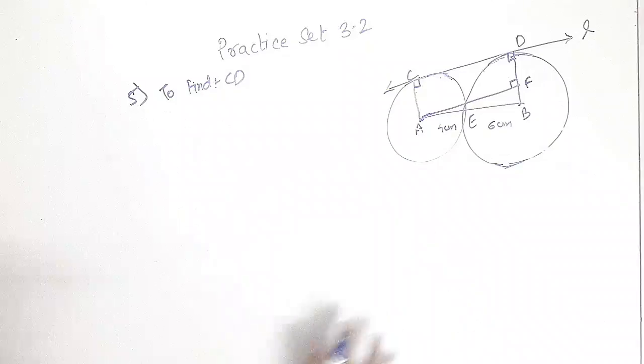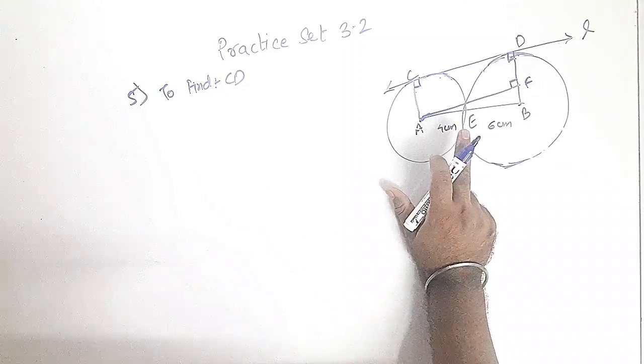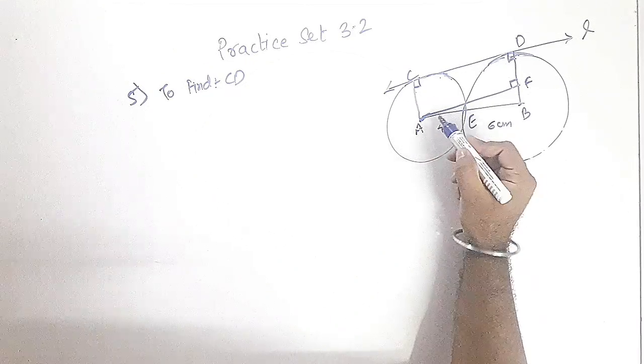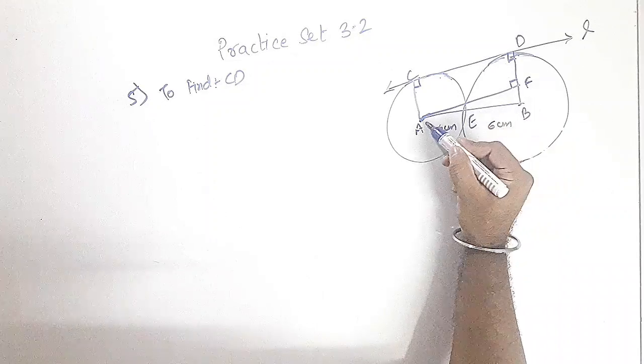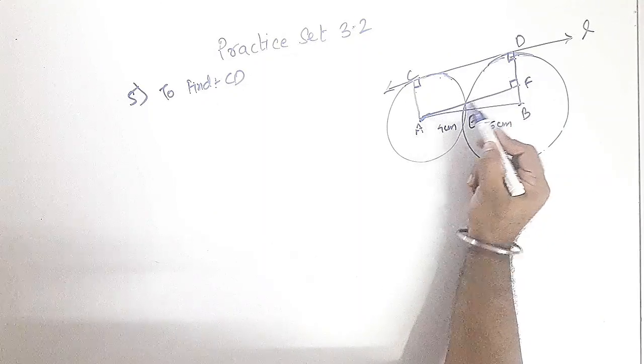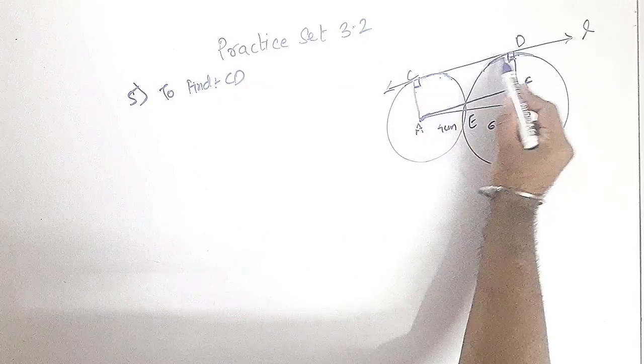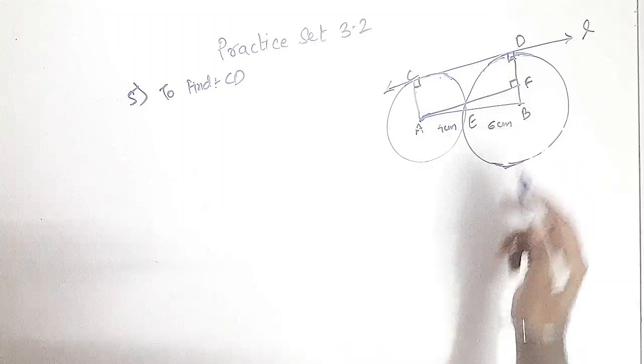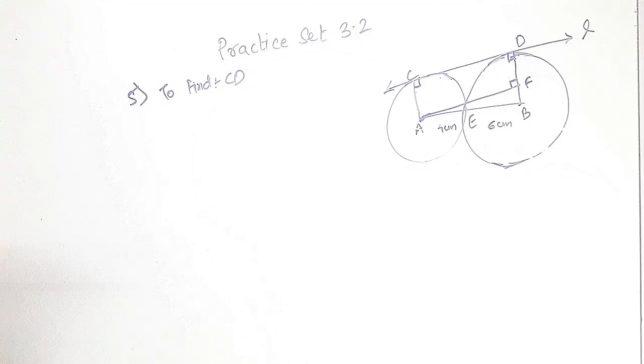Now see how we are going to proceed. Once we know AF, you can see AF, that means we know CD, because they are opposite sides of rectangle. So our whole focus will be to find how much is AF. Only then we can get CD.